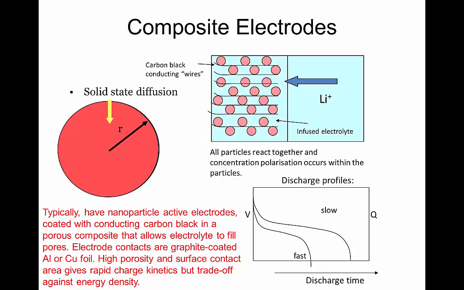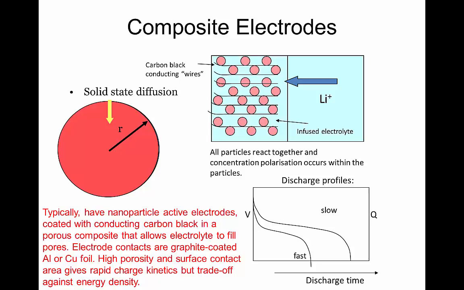And so by having high surface area, a composite of electrolyte and electrode particles coated with conducting graphite, we can get much higher rates of charge and discharge.